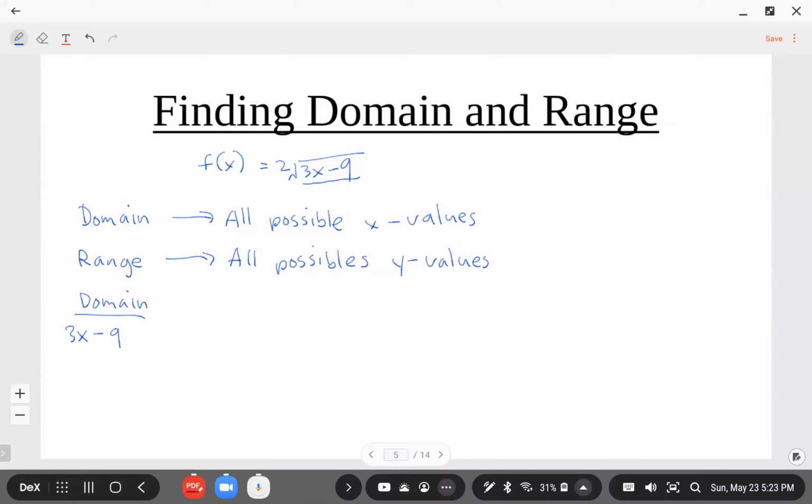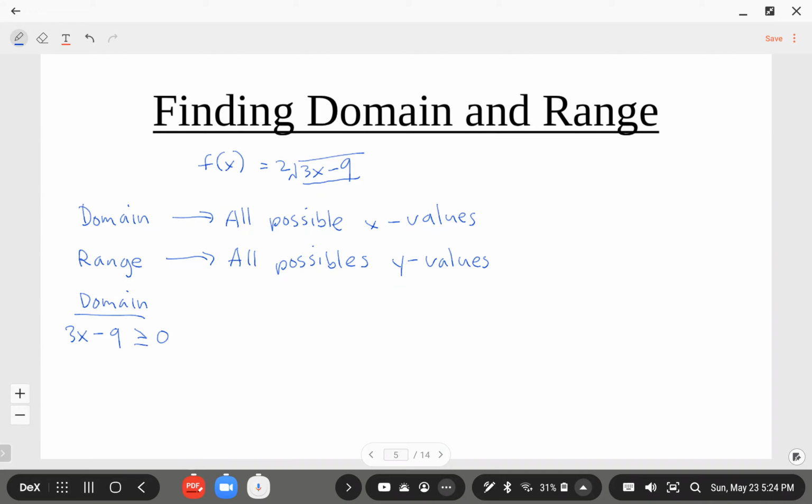So 3x minus 9 must be greater than or equal to 0. And when have we seen this before? This is an inequality, and we can just solve this and then find what x is.